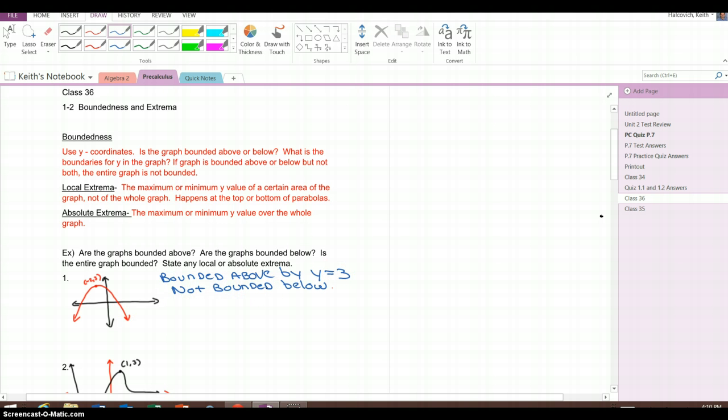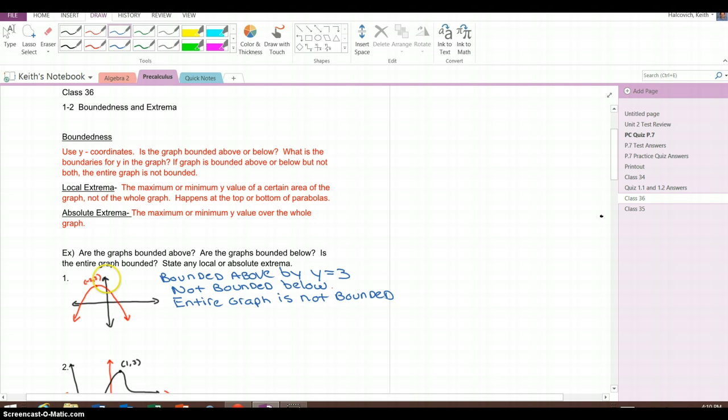So since one part of the graph is not bounded, the entire graph is not bounded. In order for the entire graph to be bounded, it must be bounded both above and below at certain points. So the entire graph is not bounded. Now, are there any local or absolute extrema?